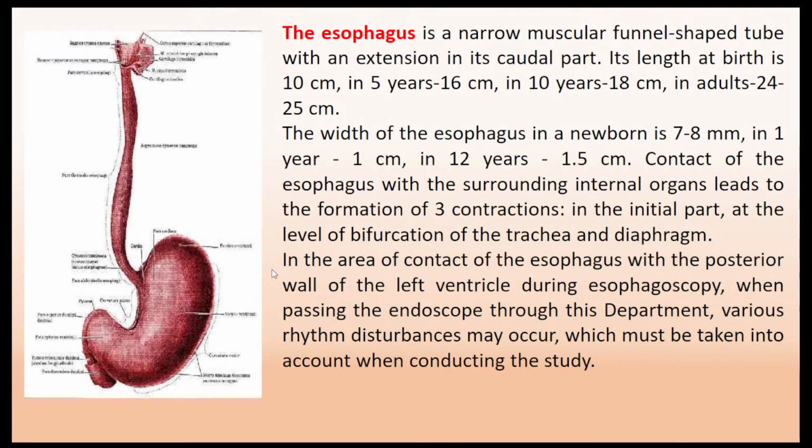In the area of contact of esophagus with posterior wall of the left atrium during esophagoscopy here. When passing the endoscope through this department, various rhythm disturbances may occur, which must be taken into account when conducting the study, the procedure.